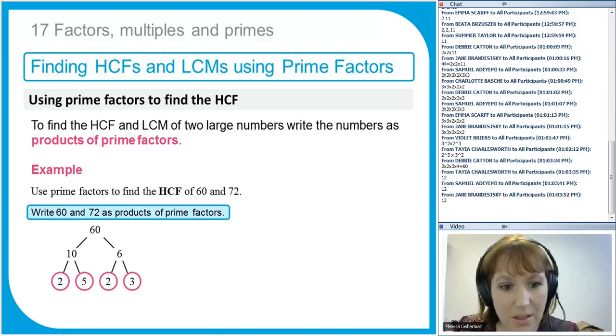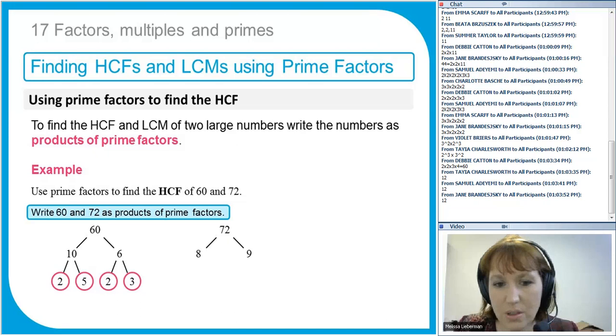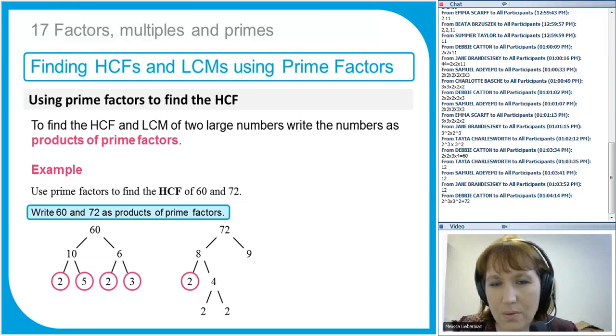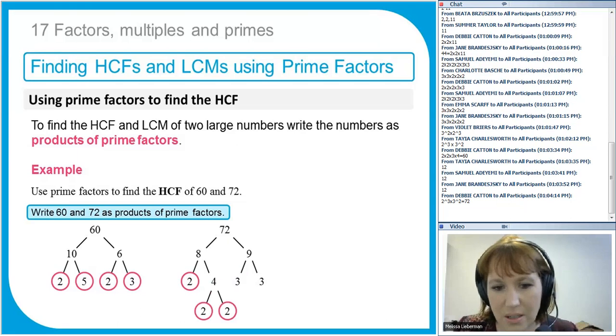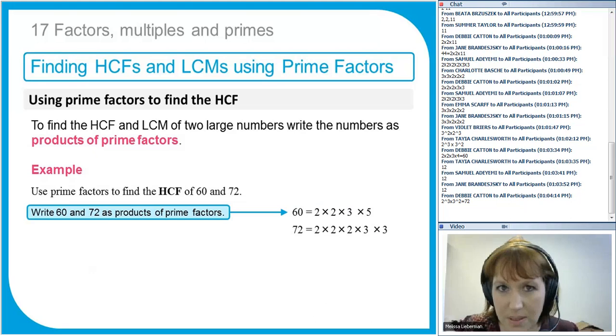I just chose quite easy numbers because I wanted you to be comfortable with the method. 72, here we just do 8 times 9, similar to the one that we did a minute ago. So we've got 2 there circled, 4 is 2 times 2, 9 is 3 times 3, so there are our prime factors. So first step, write the two numbers as a product of prime factors.